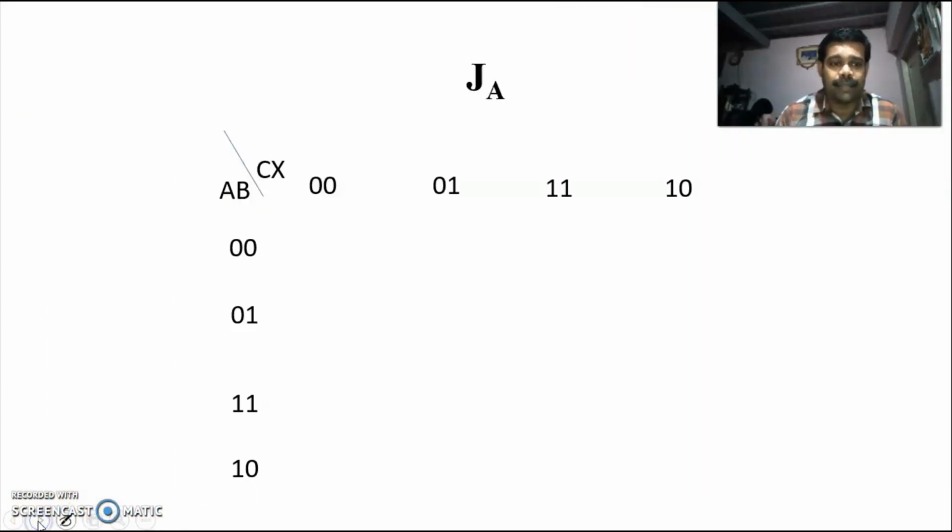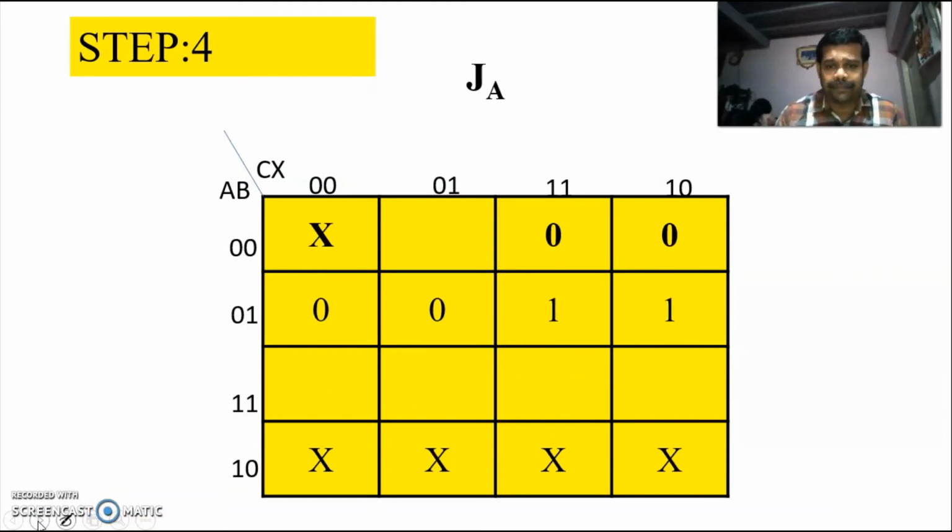This is the excitation table. Then this is a K map for JA, but in this K map we have not included the don't cares.